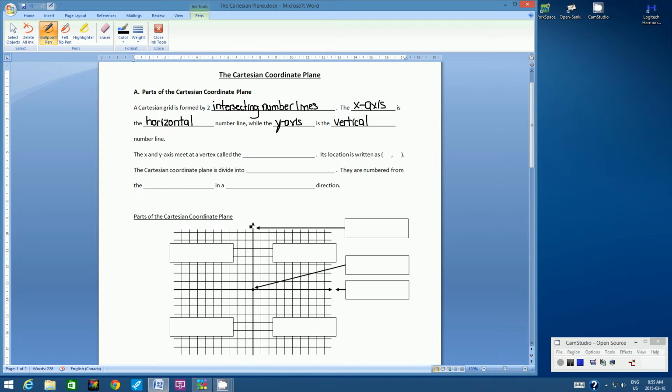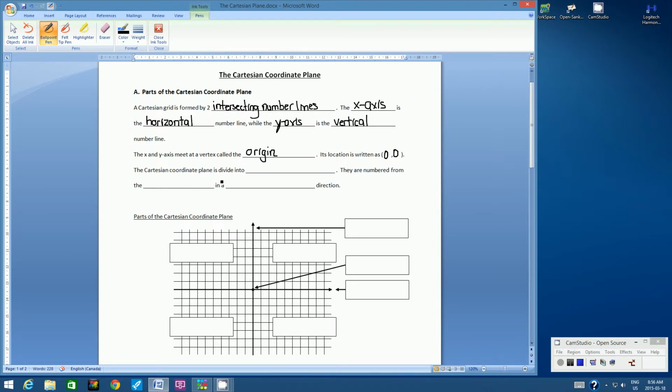The x and y axes meet at a vertex called the origin. Its location is written as 0, 0. That's its location on the Cartesian grid.